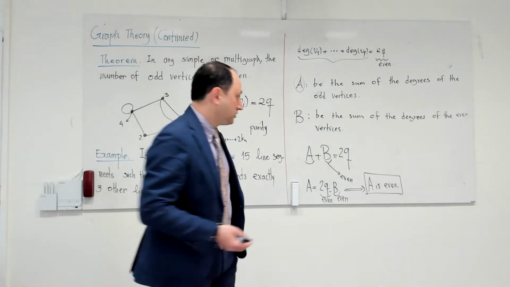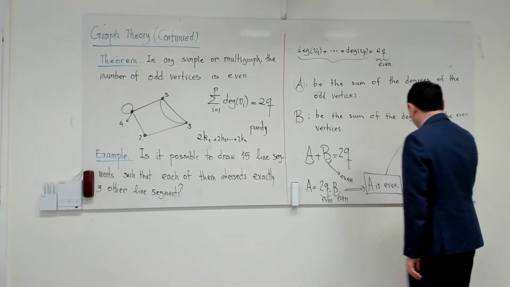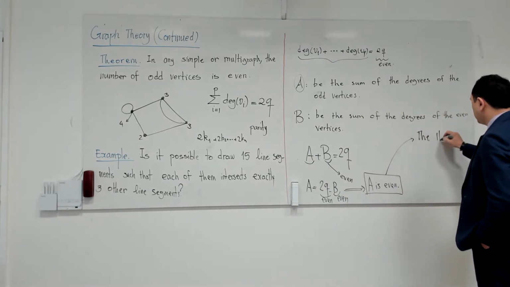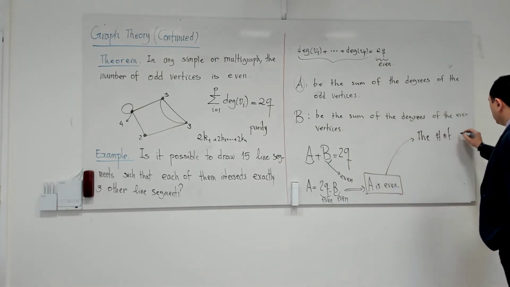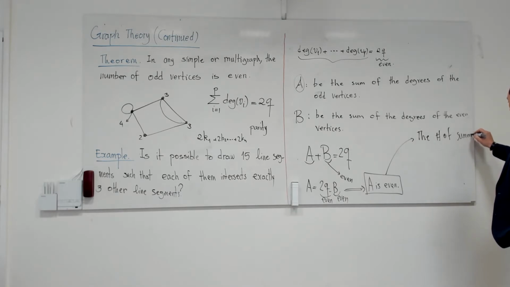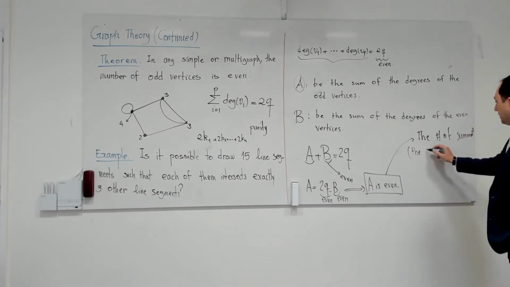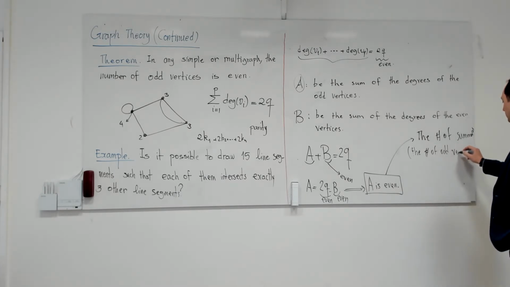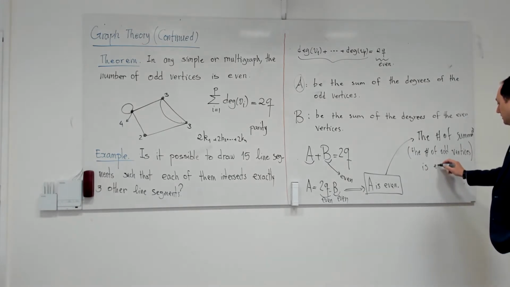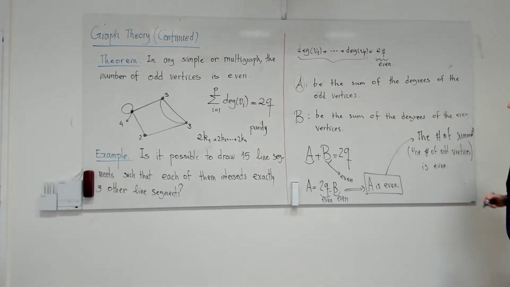Yes. Okay. So it means that the number of summands, which means the number of odd vertices, is even. And that is what I wanted to show.